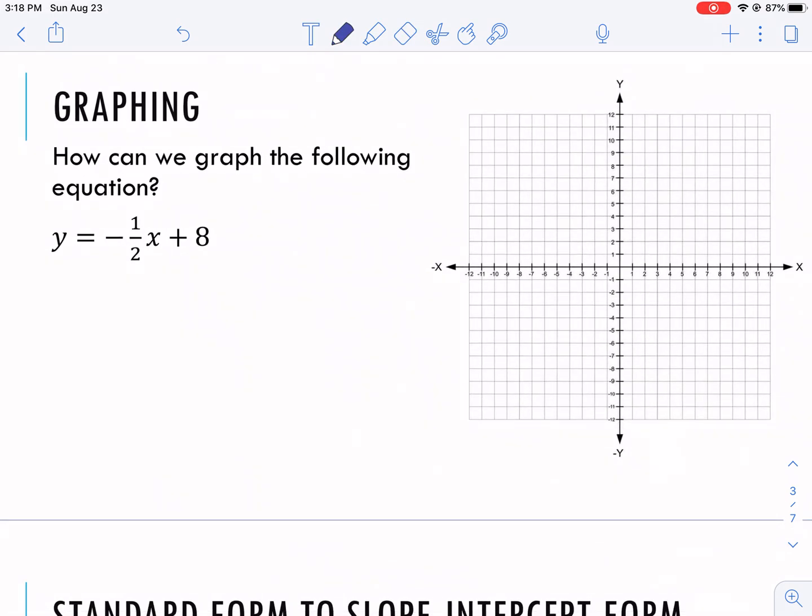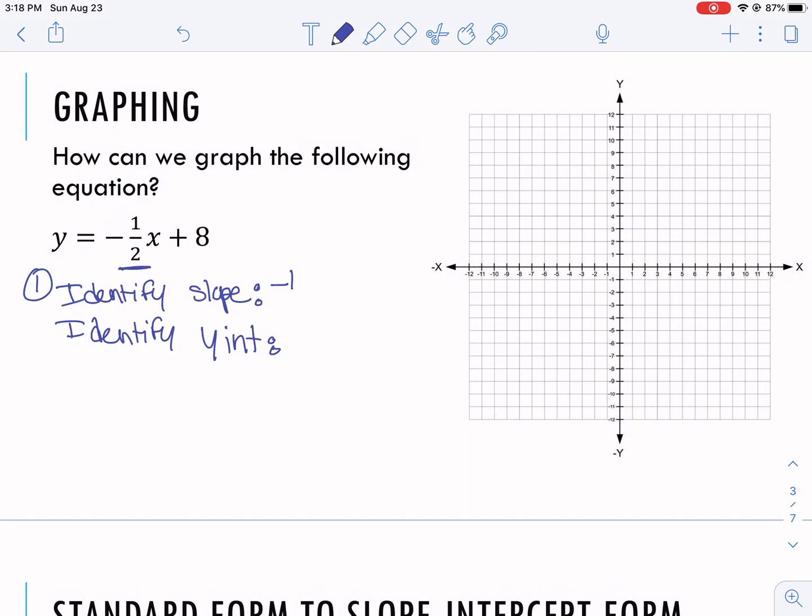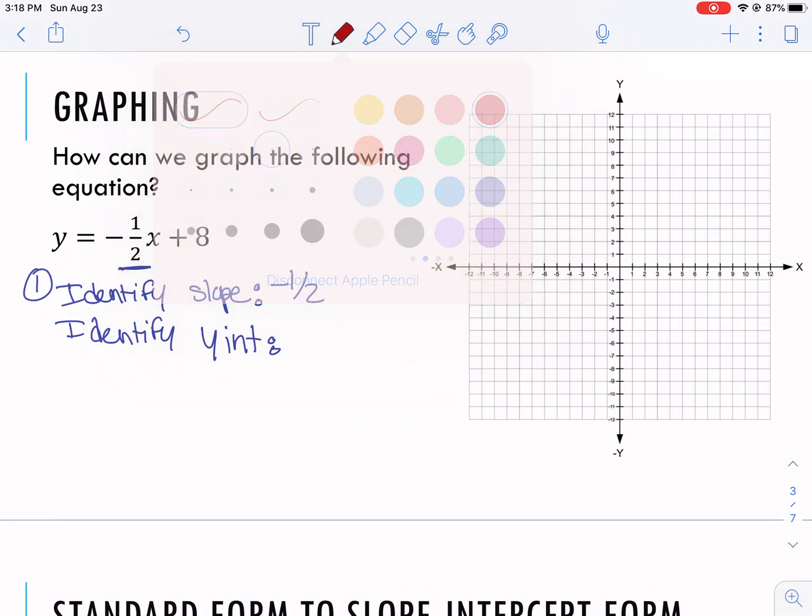So one, graphing from slope-intercept form is the easiest. I would say the first step after it's in slope-intercept form is to identify the slope and then identify the y-intercept. So in this problem, the slope is -1/2. I'm going to color code stuff.